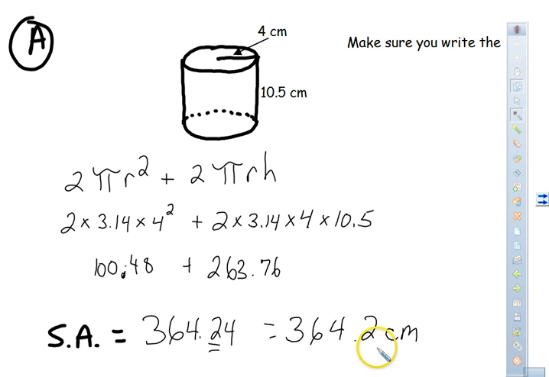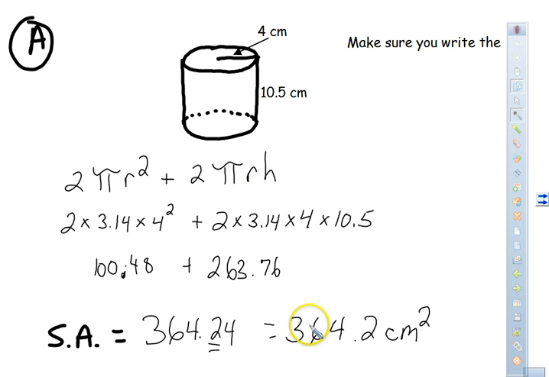Now what is my unit of measurement going to be? Square units, because again, I'm finding surface area. Anytime you see the word area, that's squared. Volume again is cubed, and our circumference, or perimeter, which is measuring a distance around, is just the plain unit of measurement.